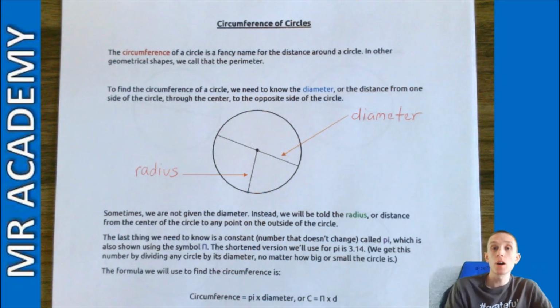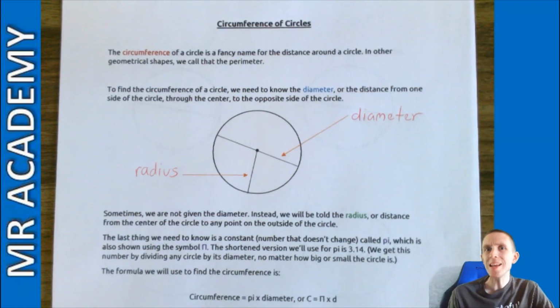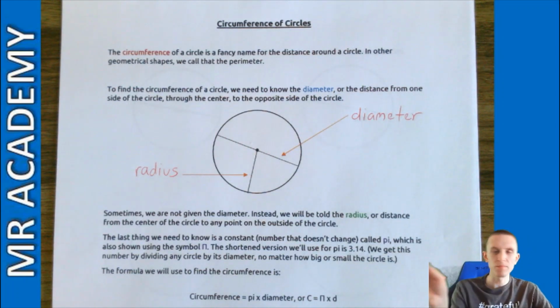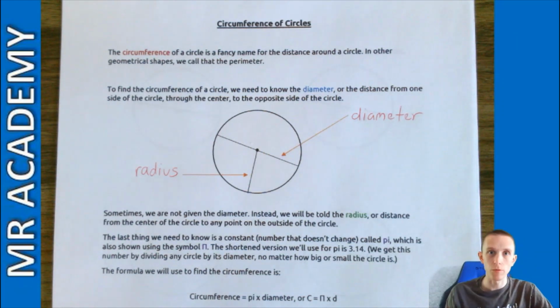To find the circumference of a circle, though, we need to know some information. With the other shapes, if it was a square, we know that all 4 sides are the same. So if one side was 4 inches, we know the rest of them are 4 inches. We could just add it up. But a circle's weird, and it's weird in a cool way.